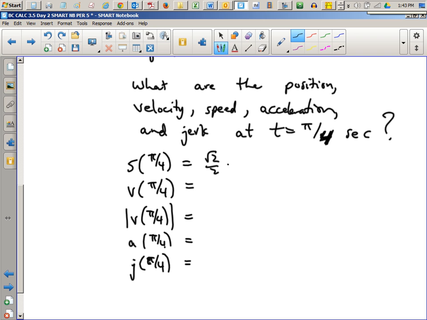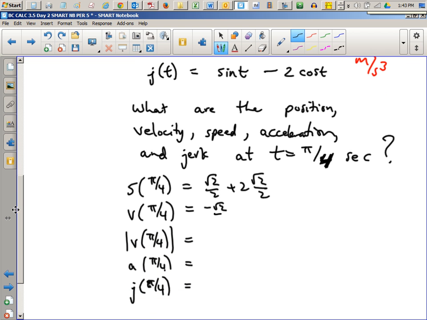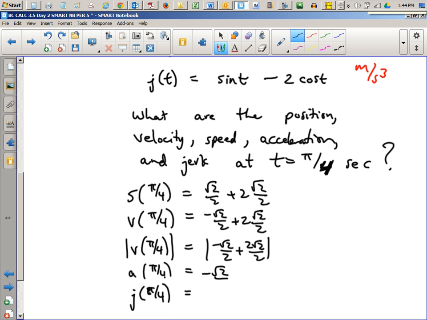So the position is cosine plus 2 sine. Velocity was negative sine plus 2 sine. Speed is just the absolute value of that. The acceleration function was negative cos t minus 2 sine t.